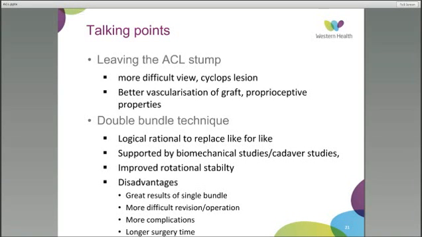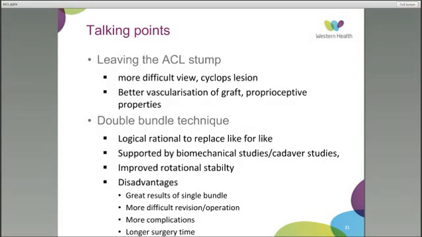The double bundle technique. There's a logical rationale for replacing two bundles with two bundles, and we've already said there's no true isometric point of the ACL. It's supported by biomechanical and cadaver studies, and is shown to be associated with greater rotational stability.